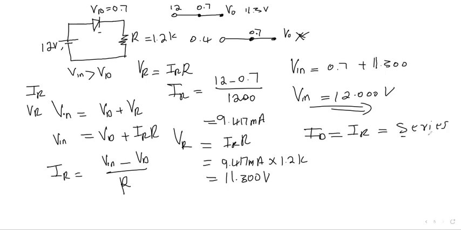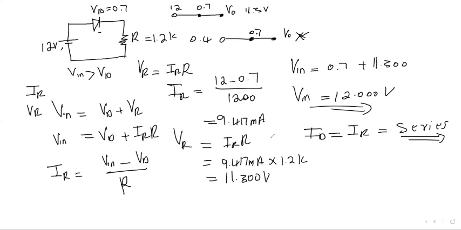Because they are connected in series. When they're connected in series, the current is the same, but the voltage is different, because the sum of their voltages is equal to VA. So that's how we derive a formula for this kind of circuit.